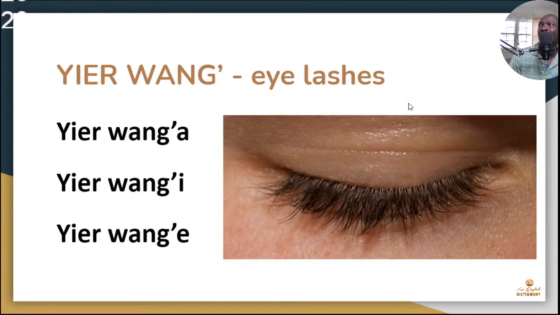Wang'i, your eyelashes. Wang'e, his eyelashes or her eyelashes.